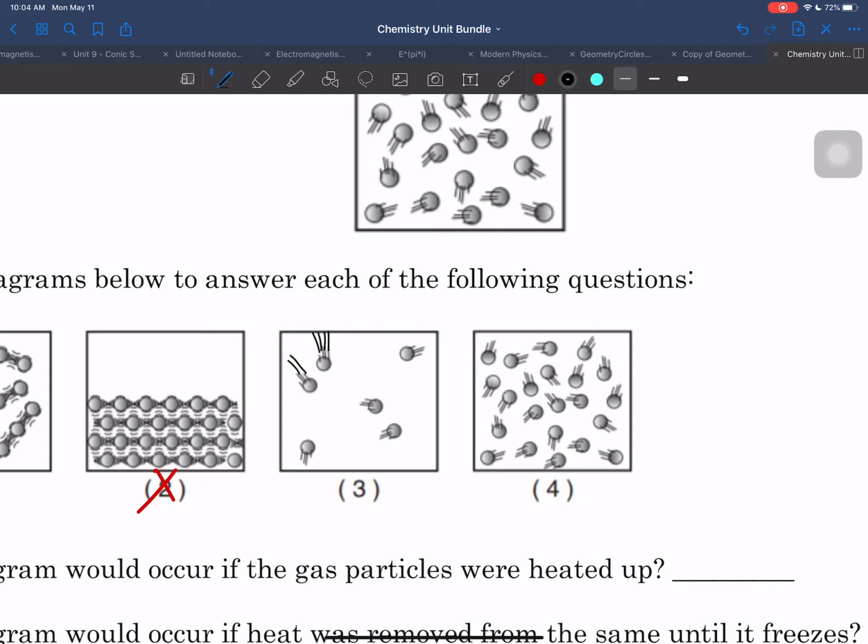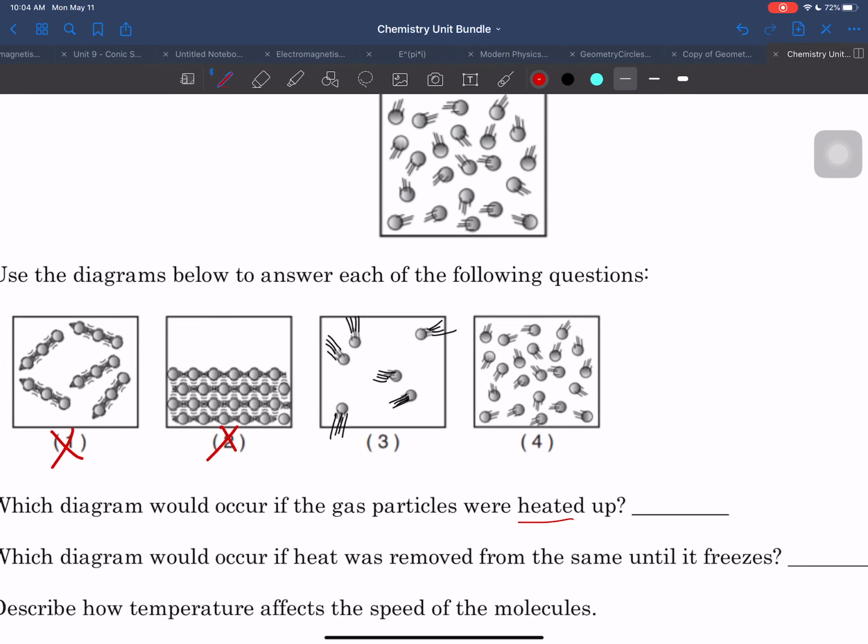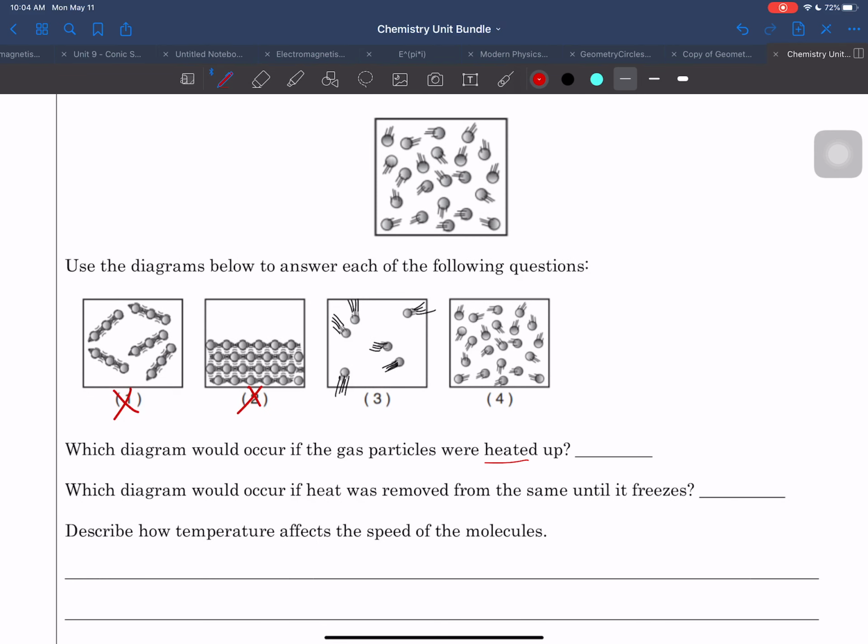So it would be fair to add some lines to represent that these molecules are moving faster. But there wouldn't be fewer of them, but they're trying to represent that they're going to be more spread out, which is true. Because when you heat it up, they will move faster and they will spread out further. So which diagram, if the gas particles were heated up, I would say diagram number 3.